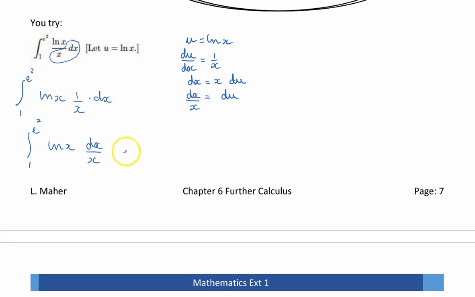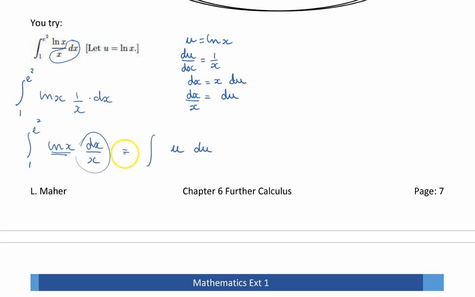Now, using our substitute, there's the dx on x, which is what we want. So subbing in our u now, u is log of x, so that can be entirely replaced with u, and the dx on x can be entirely replaced with du.